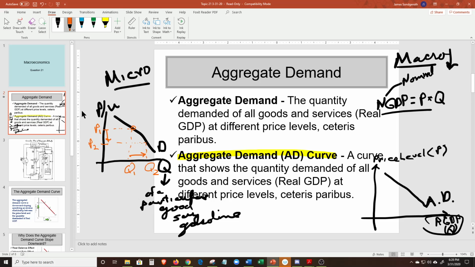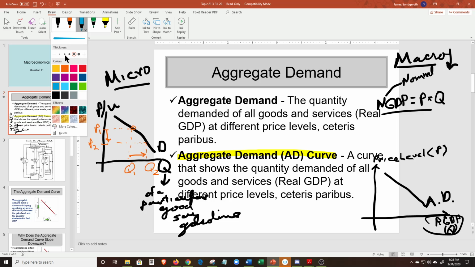But we could ask, and it's relevant to ask, why does this happen? And there are two reasons. Where can I write this? I think I'm going to have to write here. There are two reasons quantity demanded goes up. Let's write this in blue.